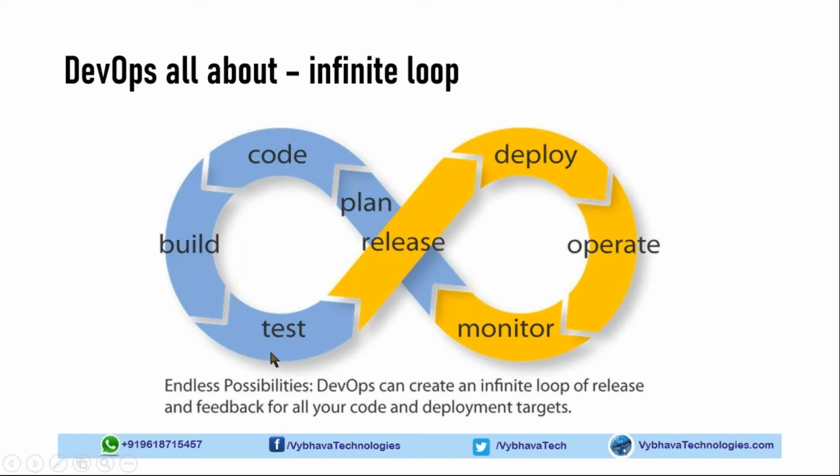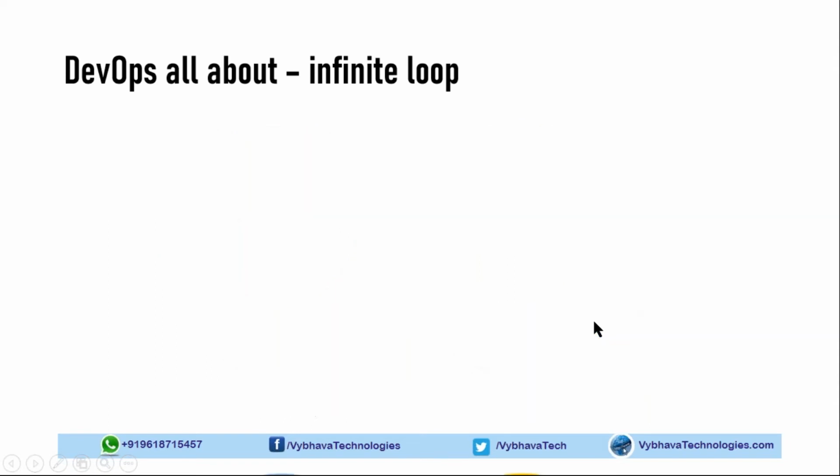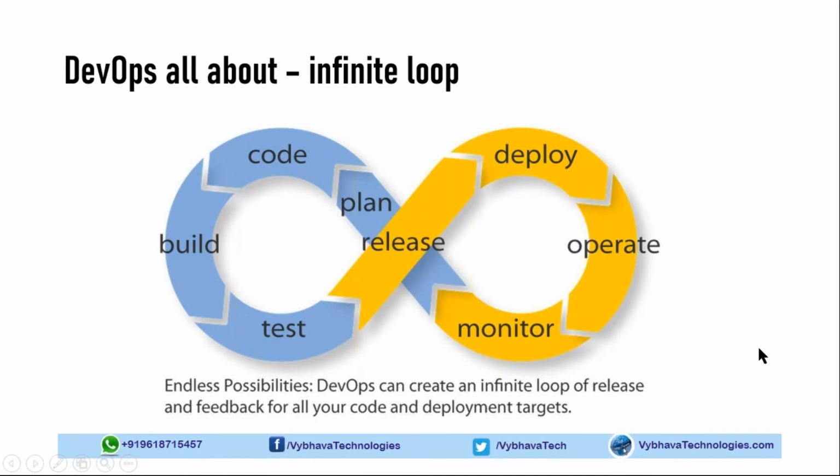So at every step you can go back and do the previous activity, previous release, previous version. That is very simple, and it is a continuously incremental process, where you can go forward or go back at any point of time. Okay, so that is what DevOps is all about. That symbol represents that infinity loop.